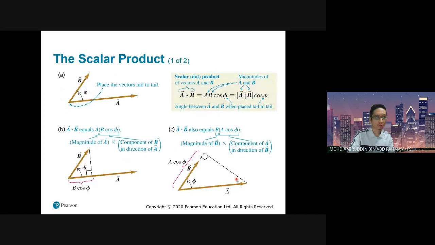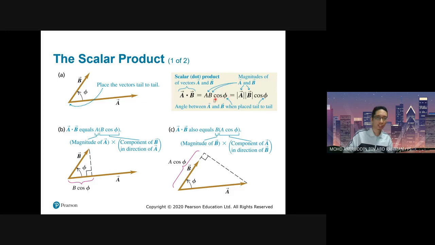Okay, for the scalar product, we have the dot. The dot is the scalar product. So A dot B is similar to AB: you take the magnitude of A times the magnitude of B, times cos phi.